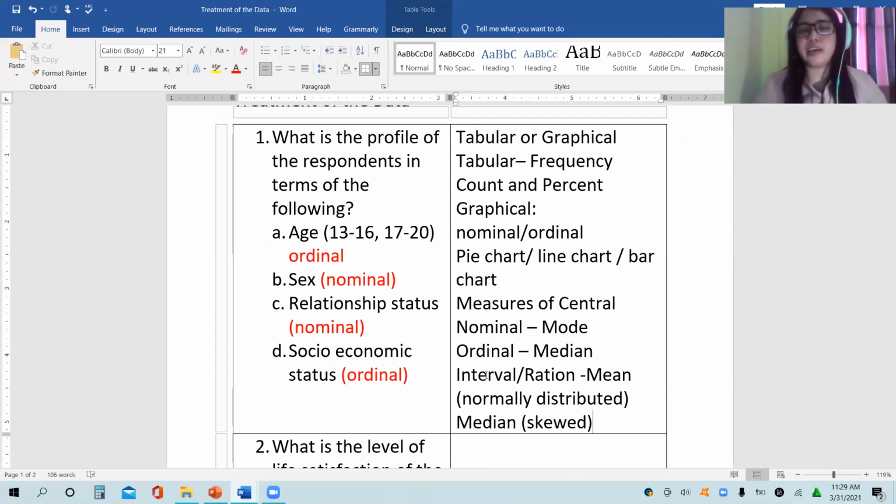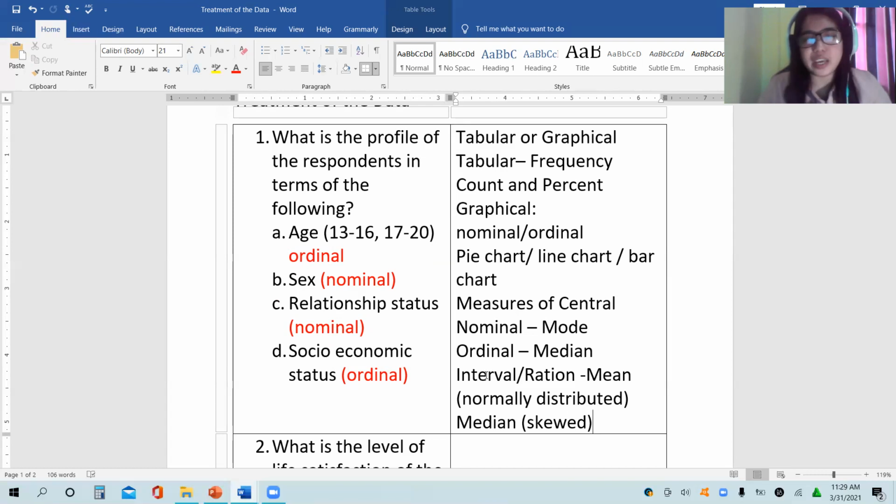So after identifying what is the appropriate measure, let us classify, for instance, our data age 13 to 16, 17 to 20, it is ordinal, then it is better to present it as ordinal. However, as you can see here, we only have two brackets, 13 to 16 and 17 to 20.